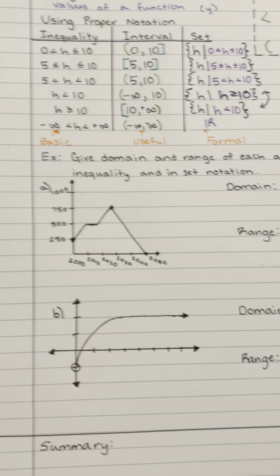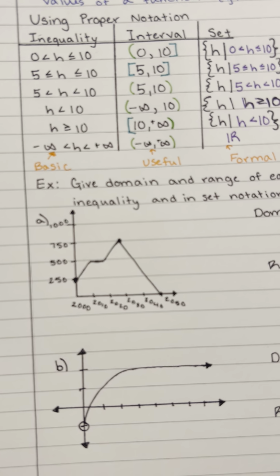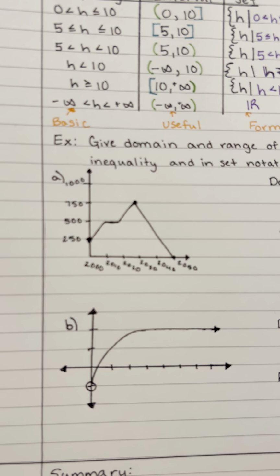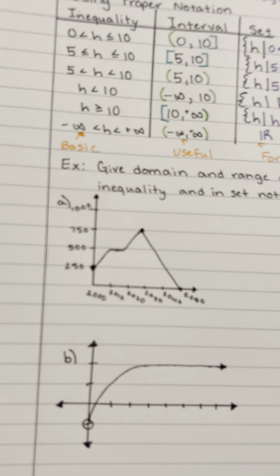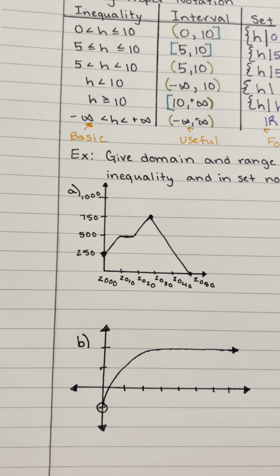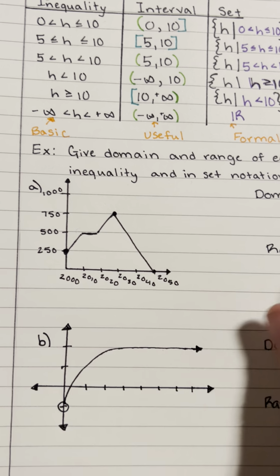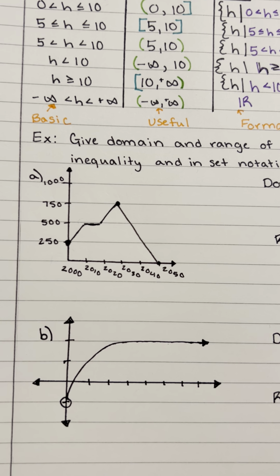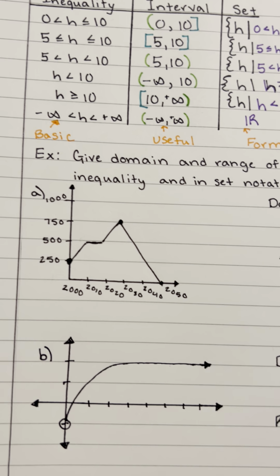All right, so now we're going to talk about domain and range. Now, when we're talking about domain, we're talking about all the possible X values. So remember, domain is all the possible X values, and we're going to write it in all of the possible notations, starting with what I like to start with, which is interval notation. So for domain, we look at the X values.